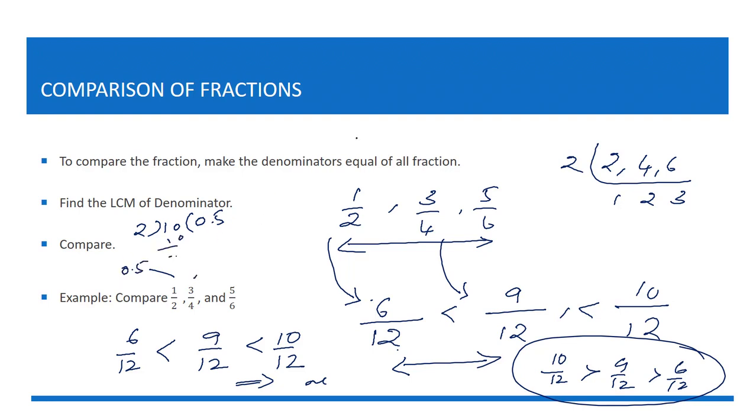Now 3 by 4: again I can't divide, I'll put a decimal point. 4 7s are 28, 2, again I can take 0, 4 5s are 20. This is going to be 0.75.